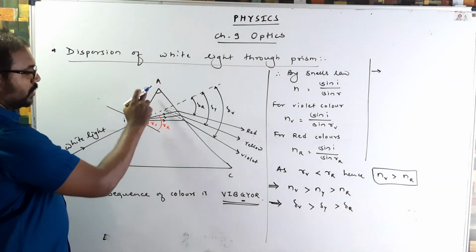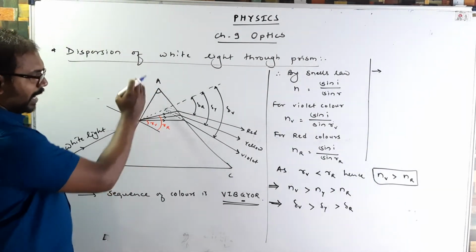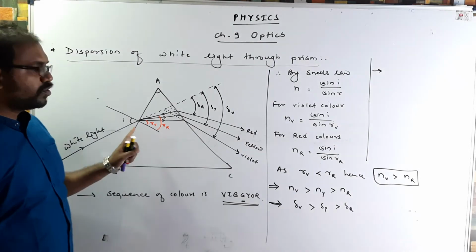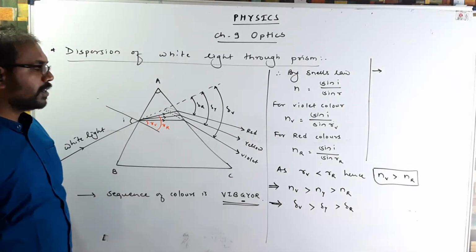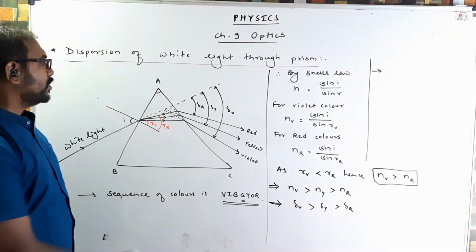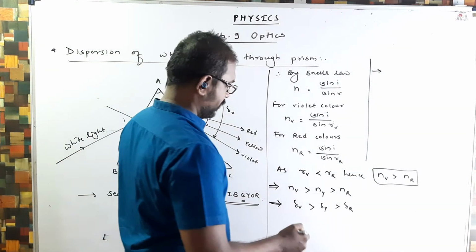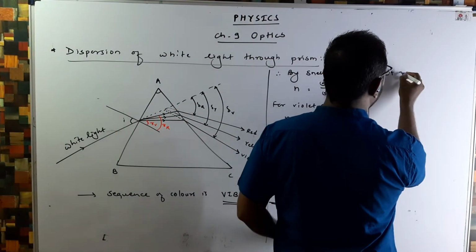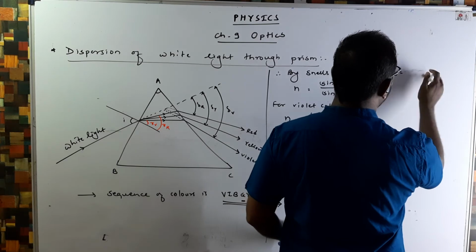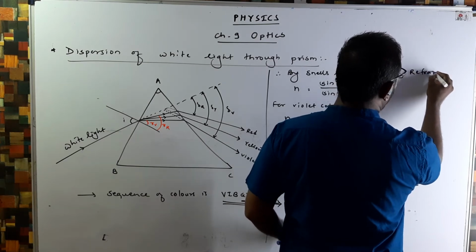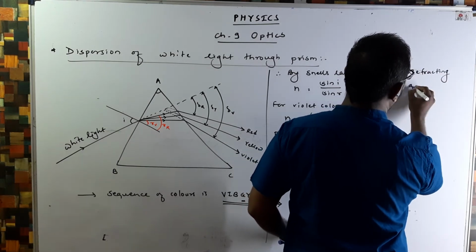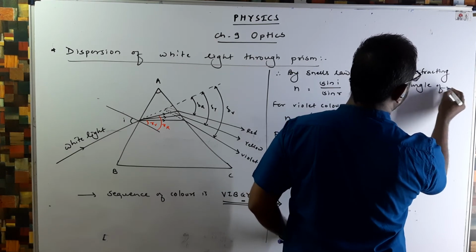One more thing. Here, at these two surfaces AB and AC, refraction occurs. So this angle A is called the refracting angle of prism.